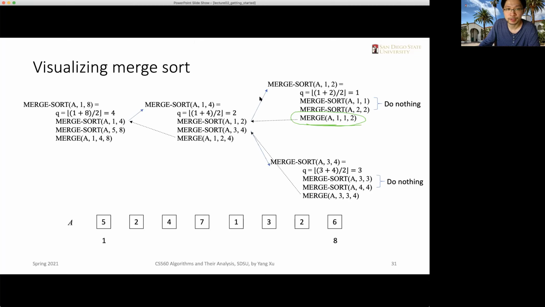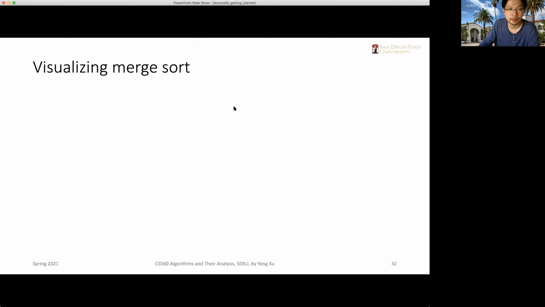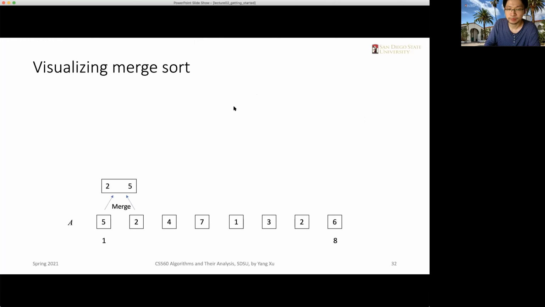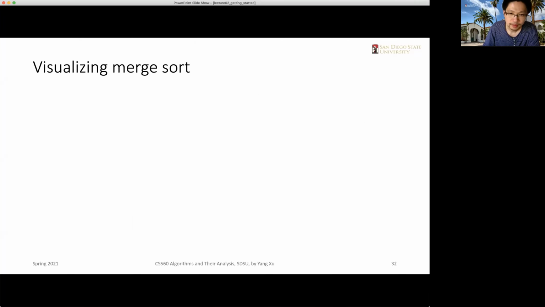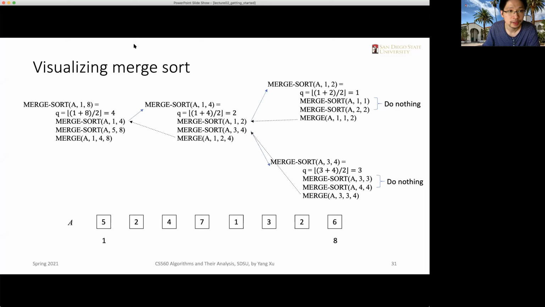That means we are merging the first two elements here, and merging these two elements gives us a sorted subsequence, which is 2 and 5. And the second merge is to merge the elements here.